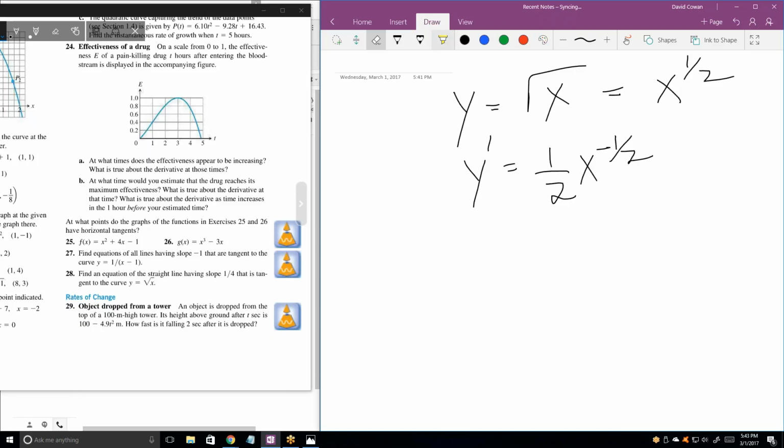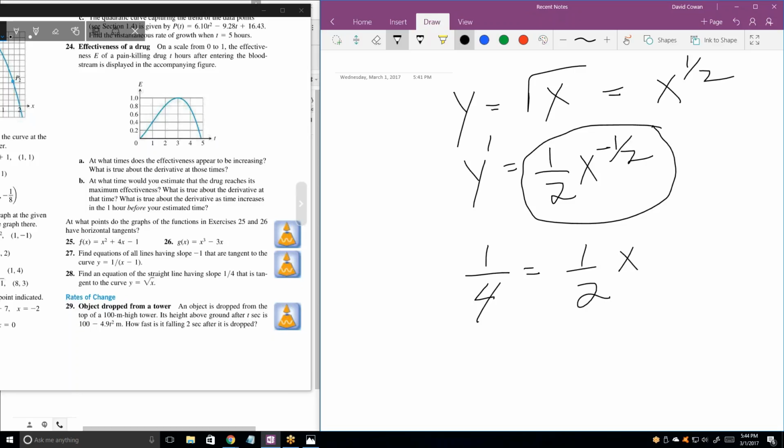Okay? Now, so this is our slope at any point. Well, they're saying, where is the slope equal to 1/4? So in place of y prime, I'm going to put 1/4. Now, let me go back.